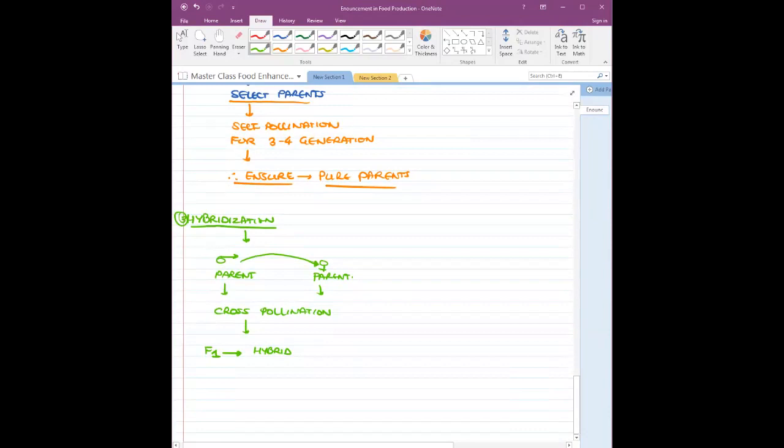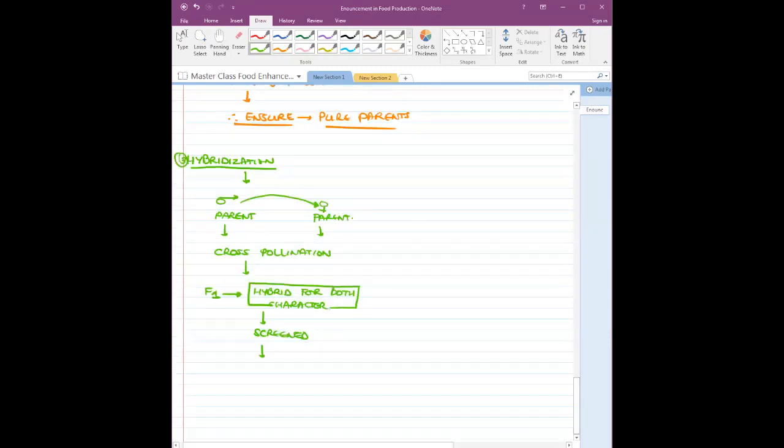So the F1 offspring is going to be hybrid for both characters. But once again, you have to screen this, because I told you the other way around is also possible. So this is going to be screened, and finally the F1 hybrid with the desired combination is selected.